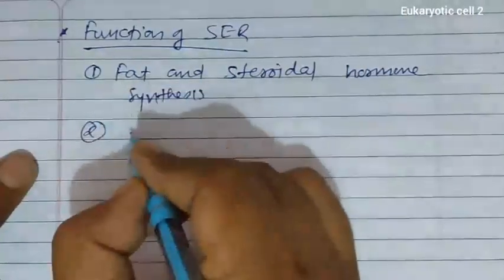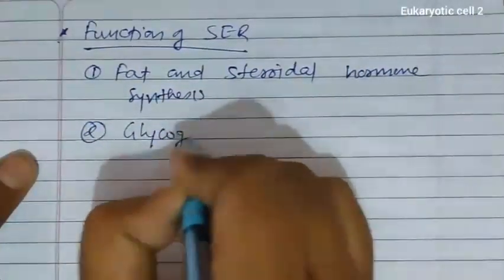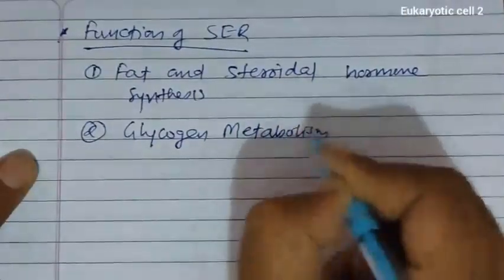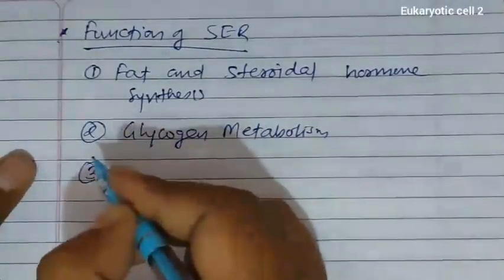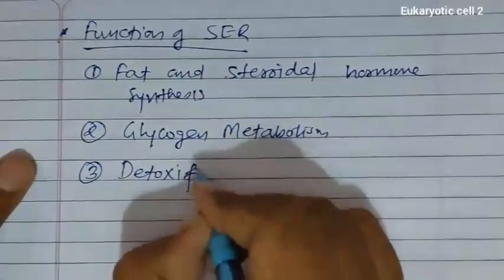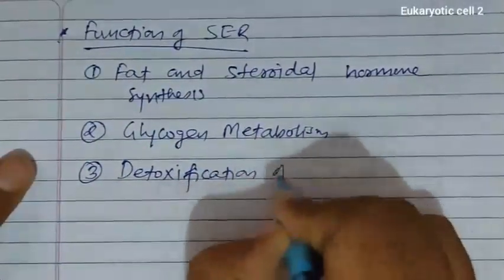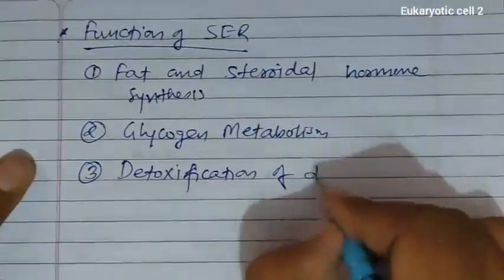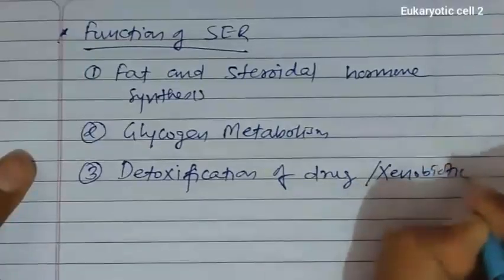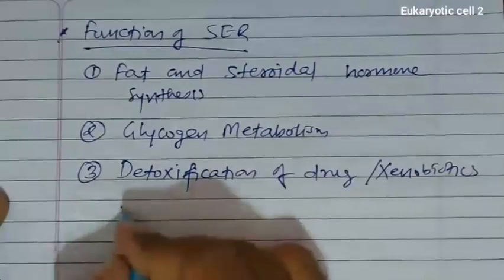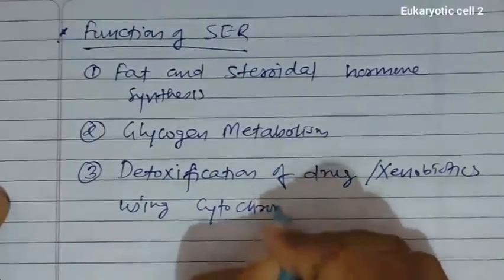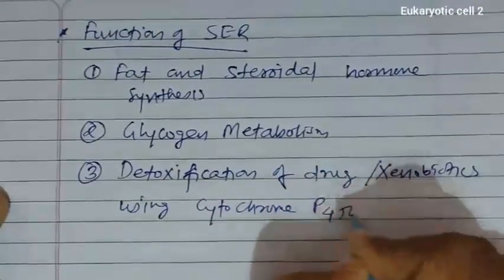Number 2, glycogen metabolism. Number 3, detoxification of drugs or xenobiotics by using cytochrome P450 protein.